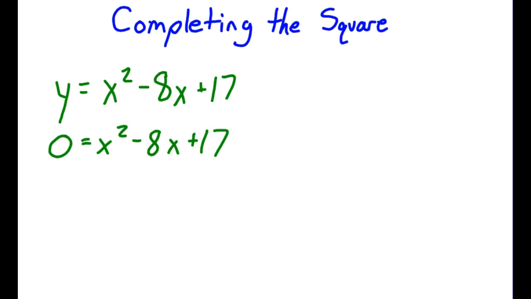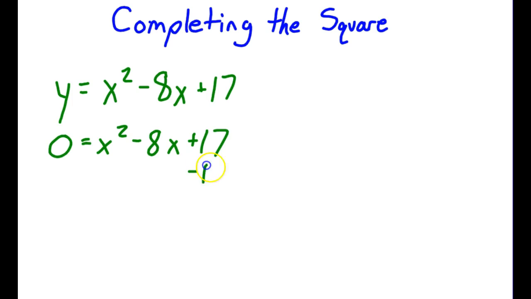When we're going to use the completing the square process, there's 2 conditions I said we have to have. First, the leading coefficient must be a value of 1, which it is. Then the second condition, we need to isolate the x terms on one side of the equation and get the constant by itself.